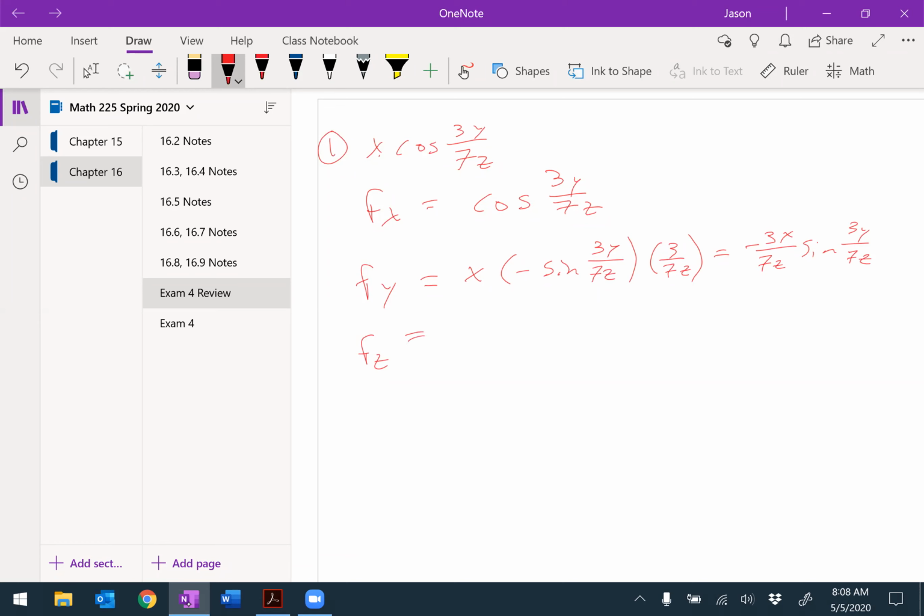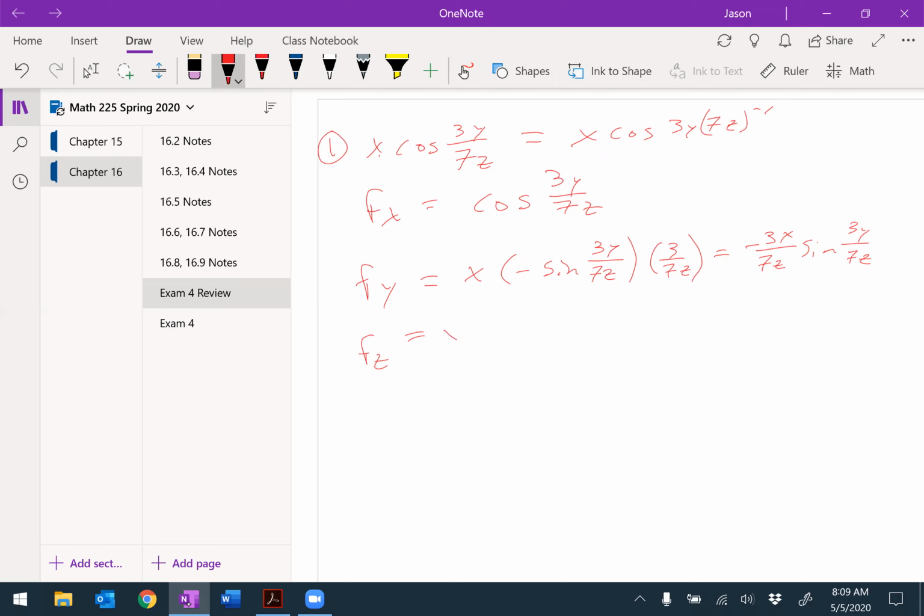Okay, f sub z. This one, I'm going to rewrite this function as x cosine of 3y times 7z to the negative first power. That's just going to help me to differentiate.